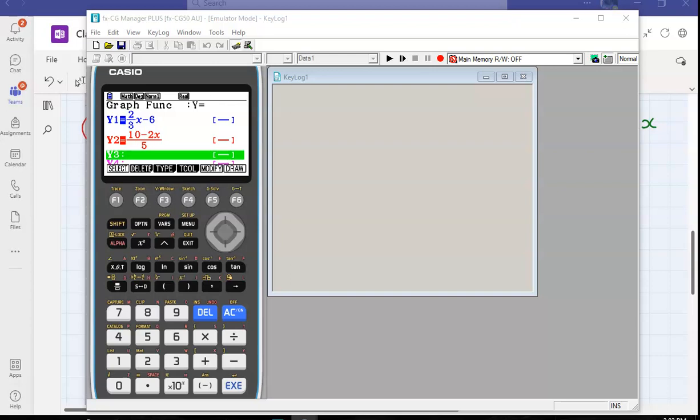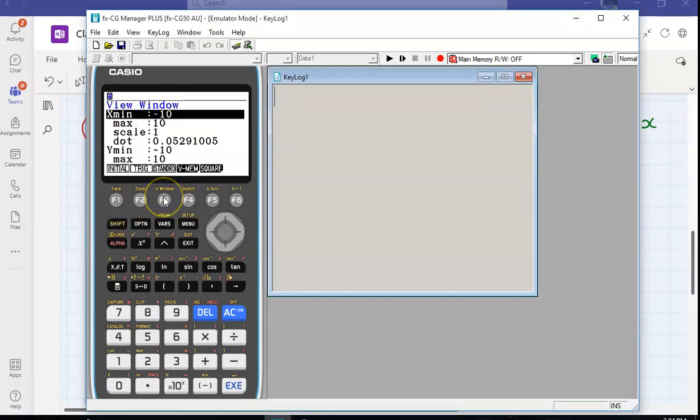So, first thing, and this is very important, we are all going to set it to a standard scale. So can everyone find their view window? So we go shift view window. You can see you've got a whole lot of different things.